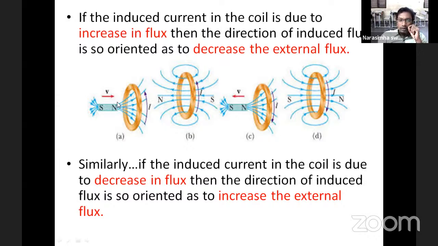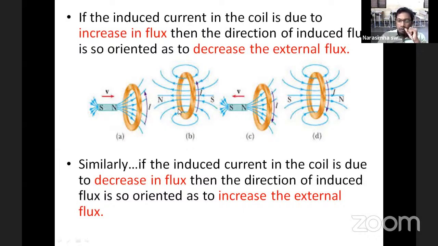So what is the cause here? Moving the magnet towards the coil is the cause, is the reason. So what is happening here? Whatever magnetic field is generated due to the induced EMF, it is opposing the cause, opposing the reason.